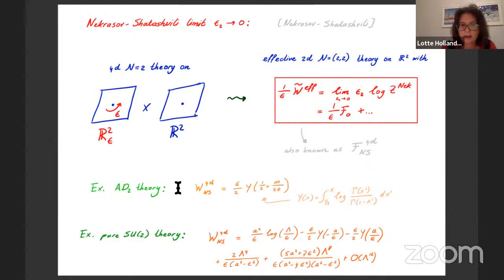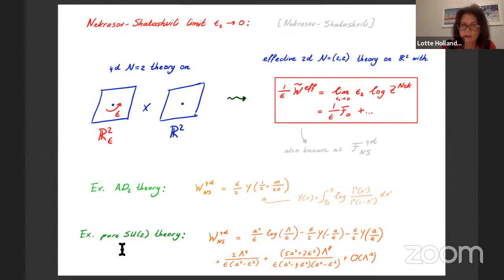In this particular case of the A1 theory, which was just a free massive hypermultiplet, the superpotential is very simple. It basically has only a one-loop contribution, and it can be expressed in terms of this function Y, which is a limit of the 4-dimensional one-loop factor.